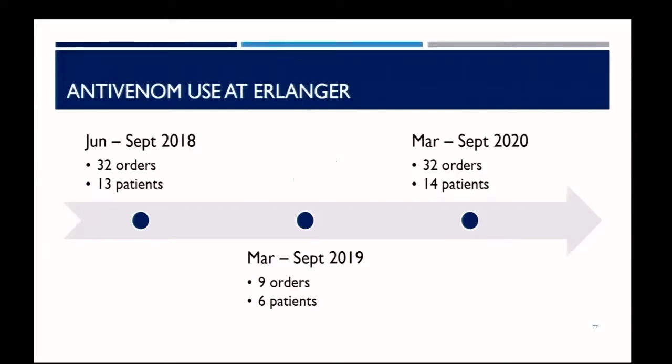Then March to September 2019, there were 9 orders. And then March to September 2020, there were 32 orders. So this isn't an uncommon order that you'll see here at Erlanger. And actually most patients who do have snake bites and require anti-venom are transferred from outside facilities like we previously discussed.